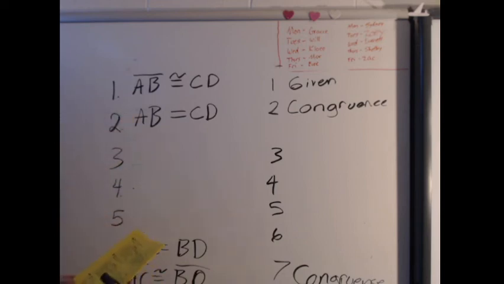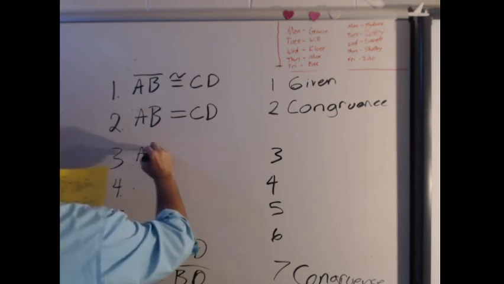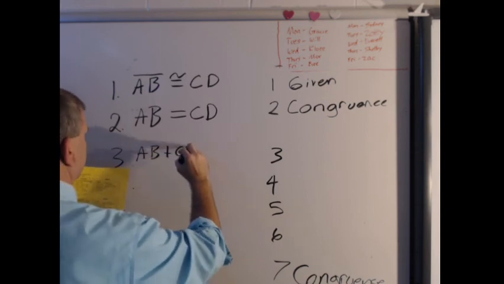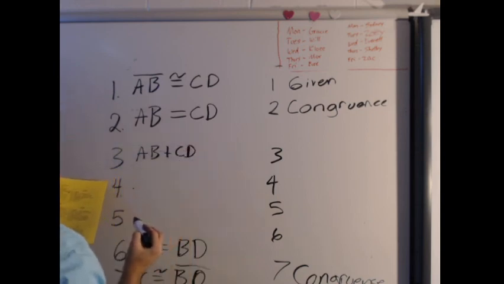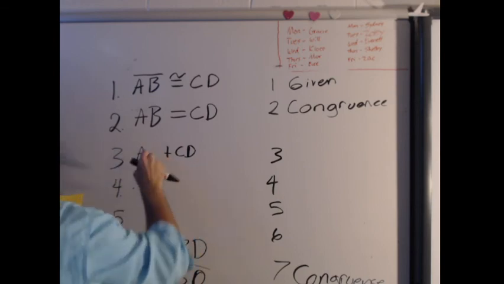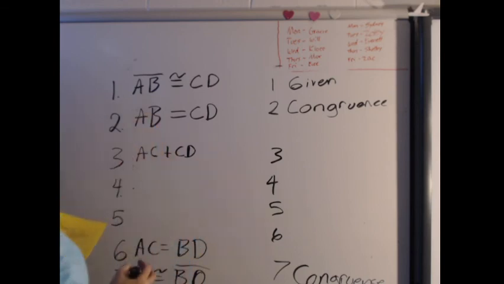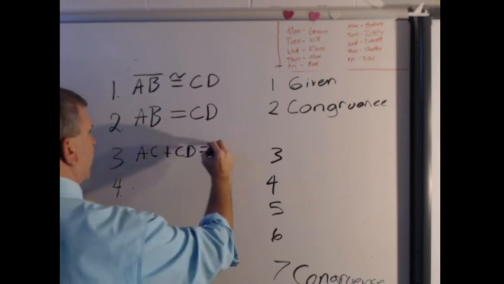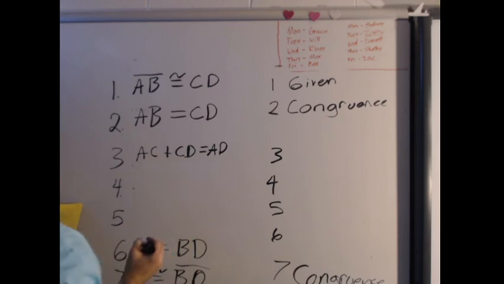All right? Okay, and this is where we look at our lines, okay, to see what do they equal. Well, I know that AB plus CD, okay, I'm sorry, this is number 3. That should be AC. My fault. I was looking up at AB. So AC plus CD is equal to AD. All right.